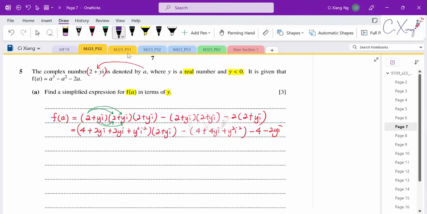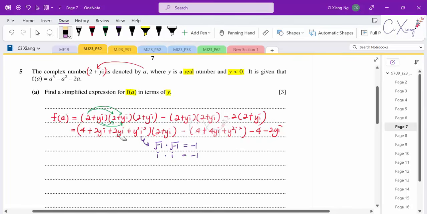I have i squared here. Please take note that i squared is equal to -1, because i means square root of -1, multiplied with square root of -1. Therefore, you have -1. So please substitute this into our calculation before we continue to expand.